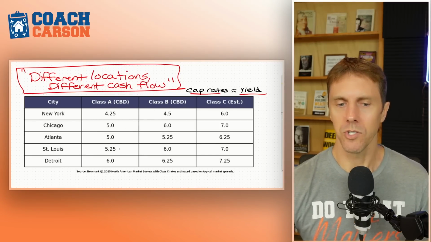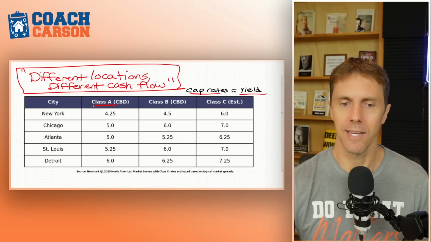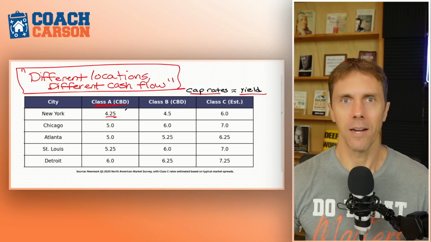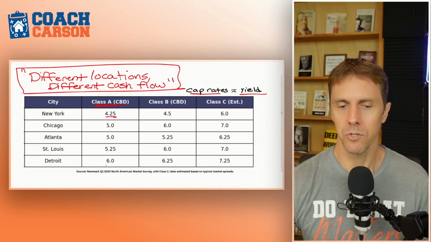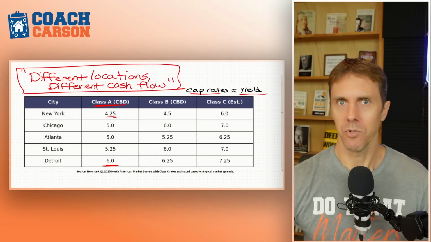So what you see here is just the market rate. Of all the people who bought multifamily properties in a Class A location in New York, on average, they expected about a 4.25% cap rate. That's the amount of cash flow they wanted. But if you bought the same type of location in Detroit, they demanded a 6% return. Now let's translate that to real numbers.